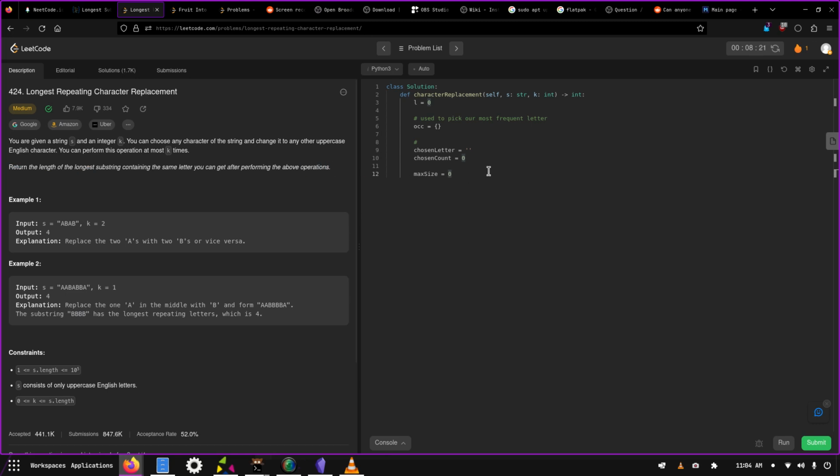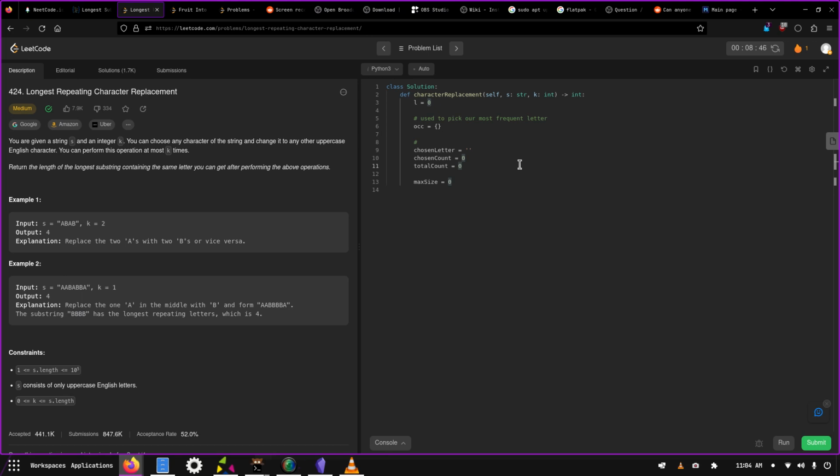Yeah, so let's do that. Total. Also want to do the total count, which is the total amount of characters in our substring, but actually I don't really need this.